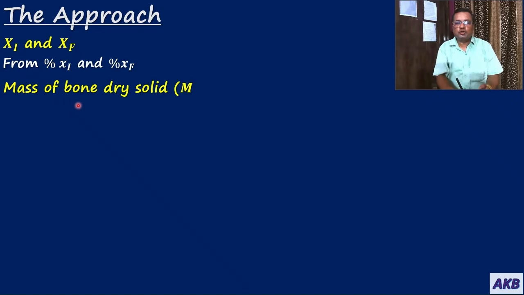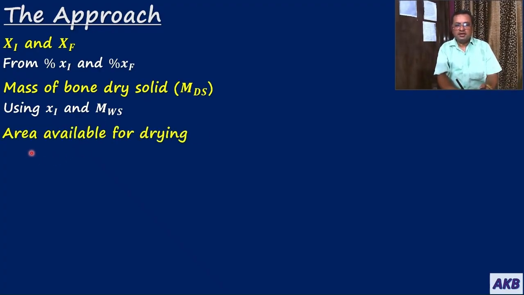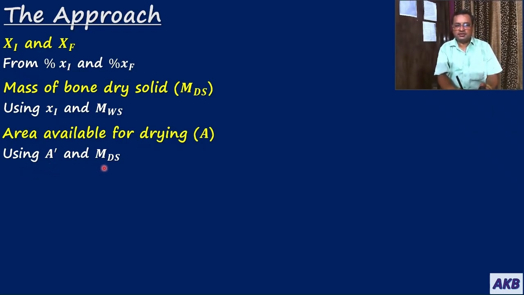Then we will find out mass of bone dry solid, which we denote by MDS. And we are going to get that by using small xi and MW, which will be known to us at this point of time. Then we will find out area available for drying, which we denote by capital A, and we are going to get that by using A dash, which is given to us, and MDS, which we find in this step.